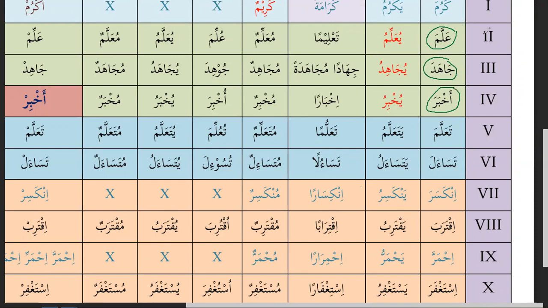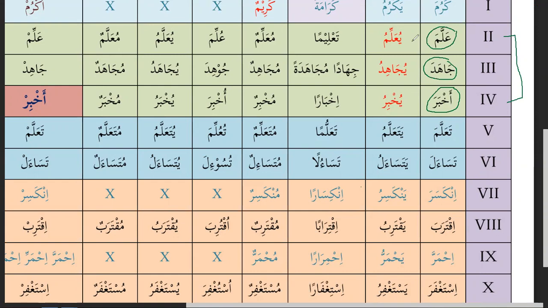These three families, all the colors you see, every color has a meaning. The commonality between family number 2, 3, and 4 is that they are the only families in Arabic. Listen to me very carefully.